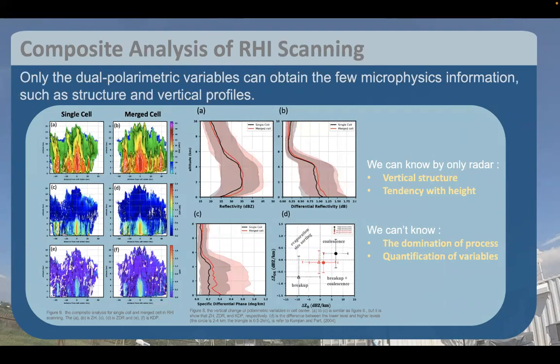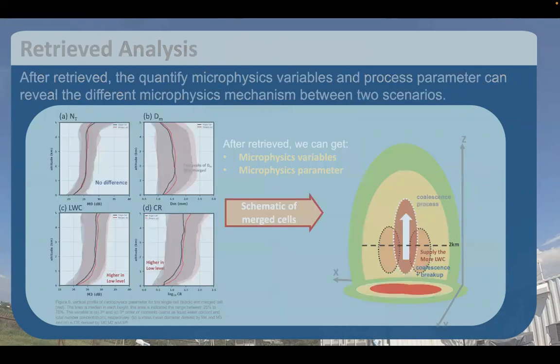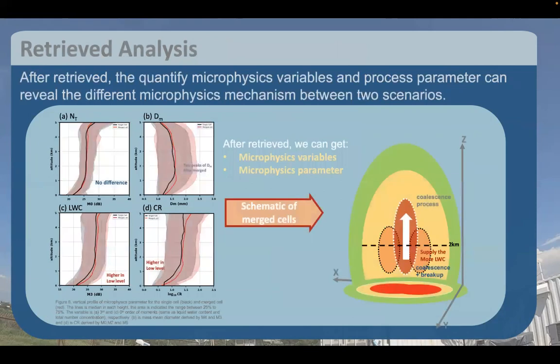They have different vertical structures and tendencies of height change between these two scenarios, so we can know which microphysics process dominates, and we can also quantify the variables. Using this retrieval method, we can quantify the microphysics variables and process parameters.